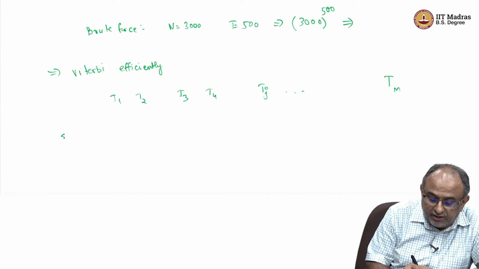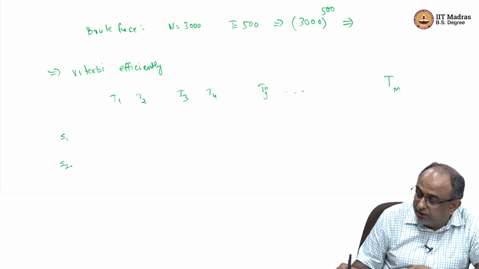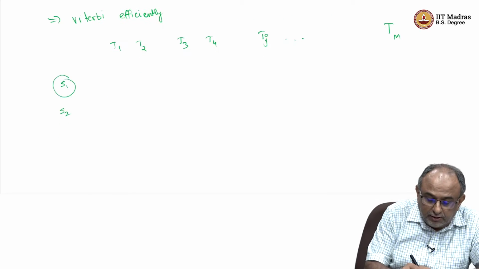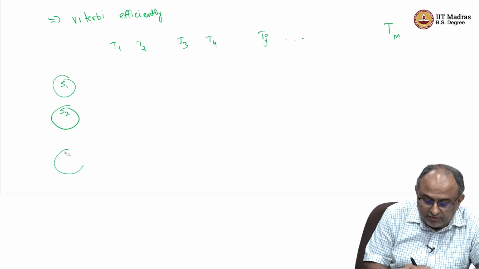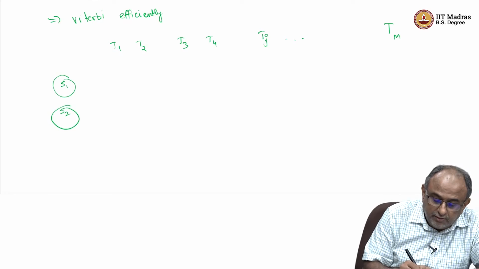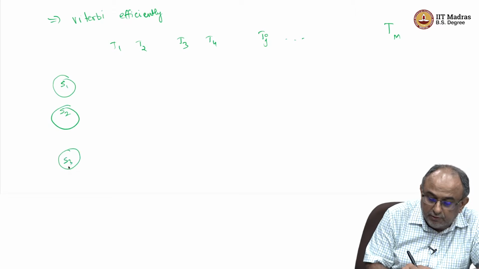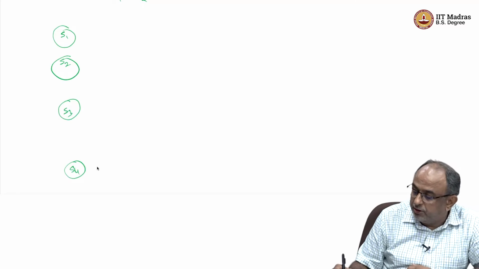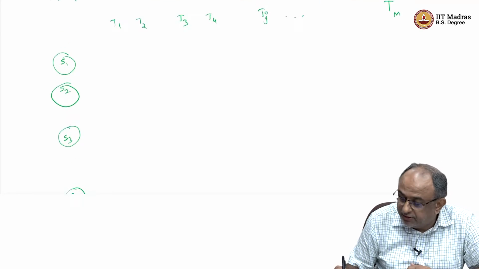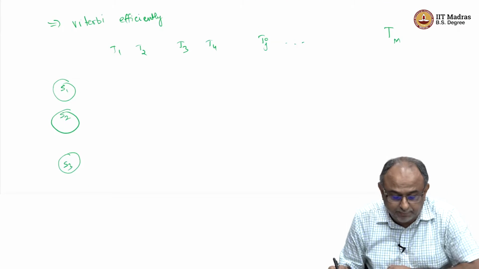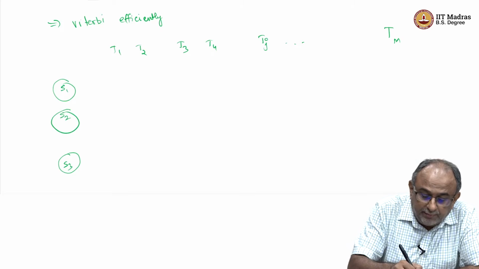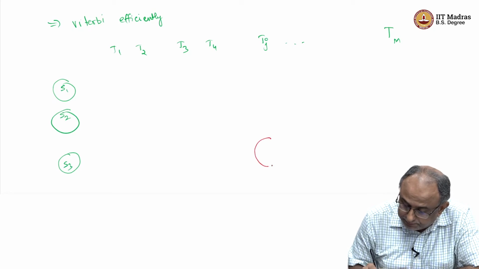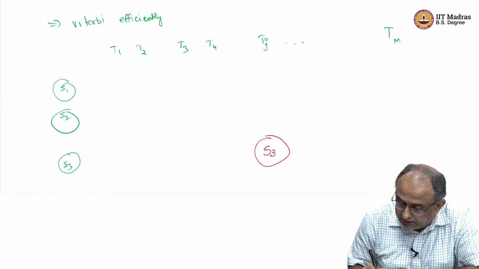And let's say I have states S1, S2, S3, S4, and so on. What it's trying to say is that let's say I am here at S3, at the jth time instant.